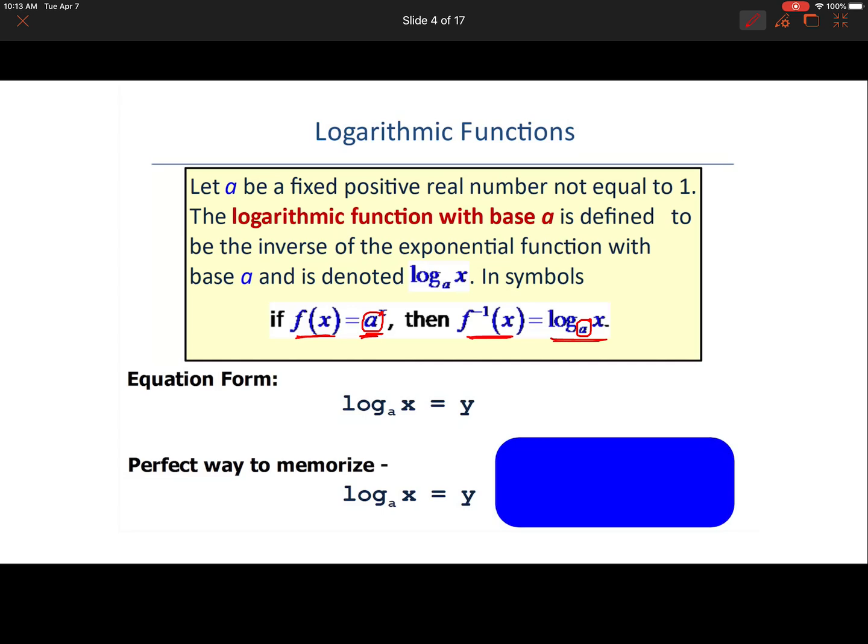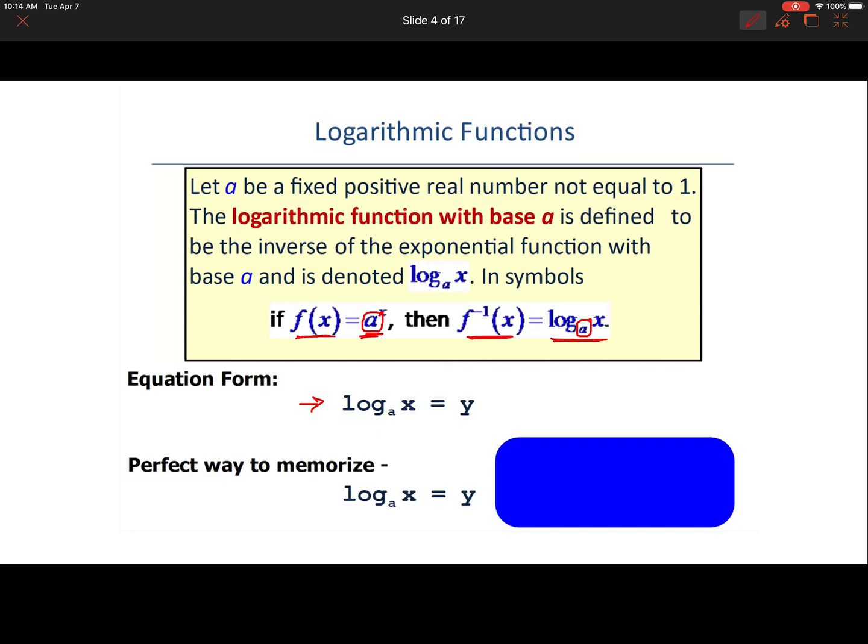First, we have an equation form of a logarithm written right here, and I want to show you how we can convert from a logarithm to an exponential. Most of us are very comfortable with exponentials, so if we can convert it, that should allow us to do some work with it.